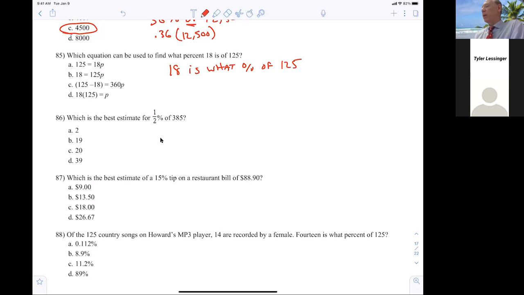Sorry, I butchered that one. So now 18 is X times 125, which is which one? B, right? Does everybody agree with that? Sorry about that, guys. Make sure you make that correction.